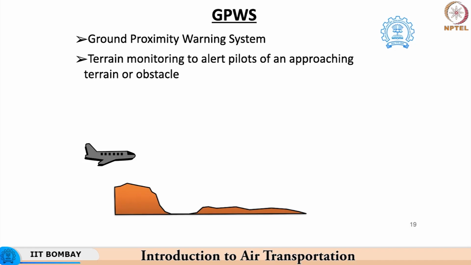By using this system, the aircraft GPWS basically carries out continuous terrain monitoring, and provides continuous alerts to the pilots to carry out safe operation of the aircraft within close proximity of terrain.